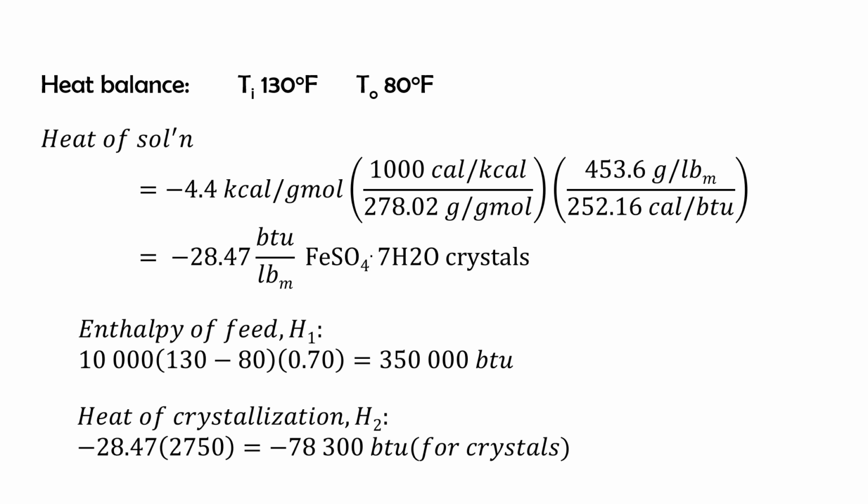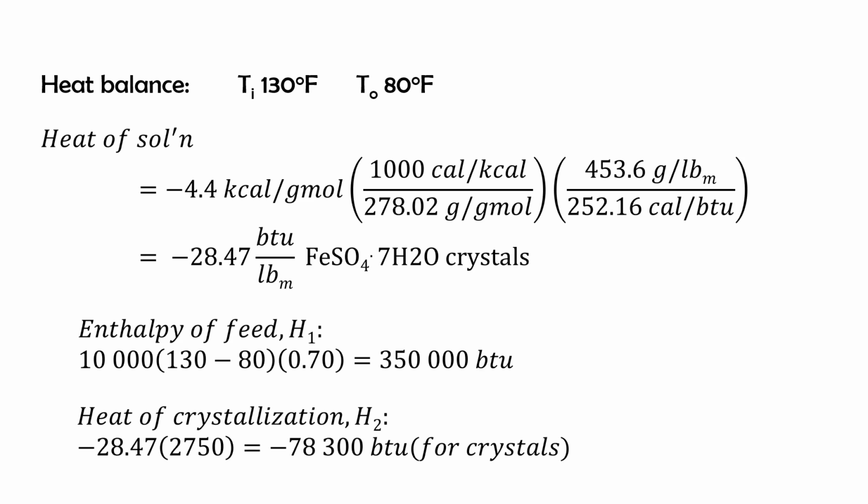Now we'll solve for the enthalpy of feed, which is the H sub 1. So we'll have 10,000, the feed, times 130 minus 80, the change of temperature, times 0.70, the average heat capacity. Then we'll have the answer of 350,000 BTU.